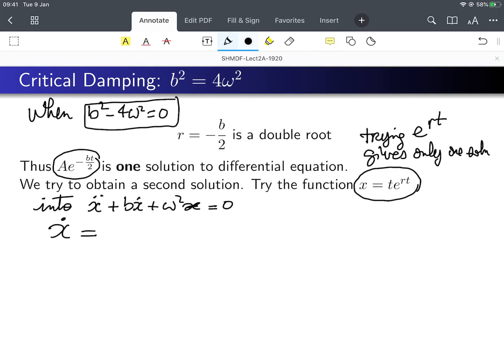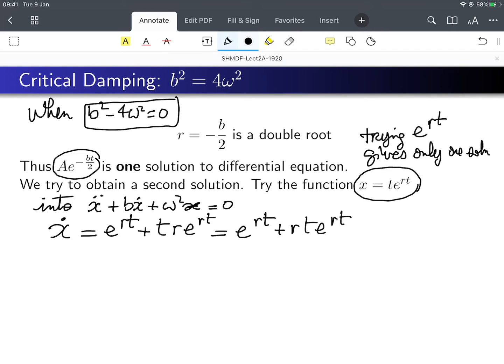If u is t and v is ERT, I'm going to do u prime v, derivative of t is 1, and v is ERT, plus u v prime, derivative of ERT is going to be r ERT. Just rewrite like this.